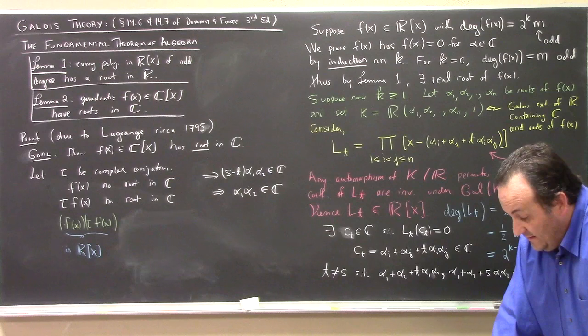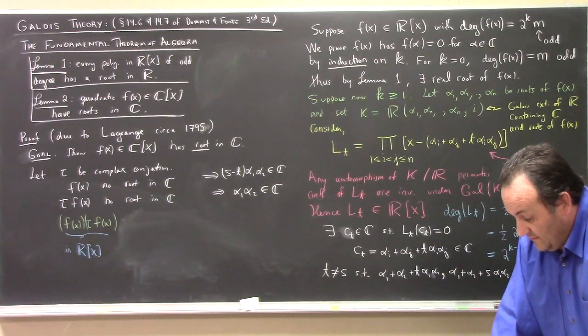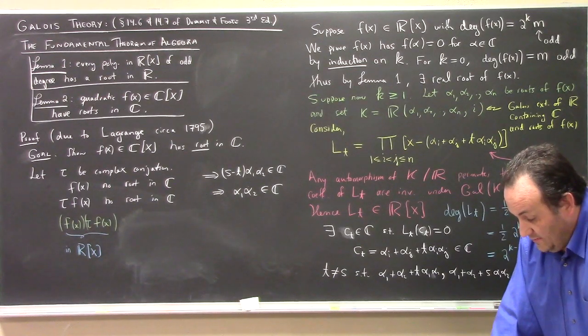He says, but then alpha 1 and alpha 2 are the roots of a quadratic x squared minus ax plus b with coefficients in C, and hence are elements of C by lemma 2.